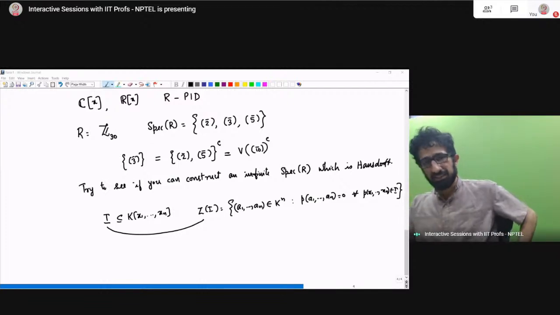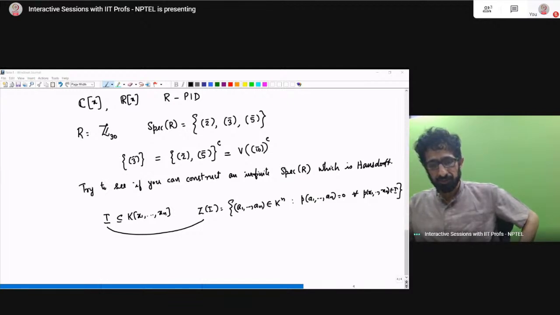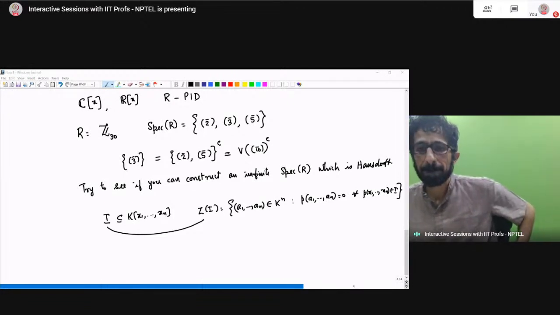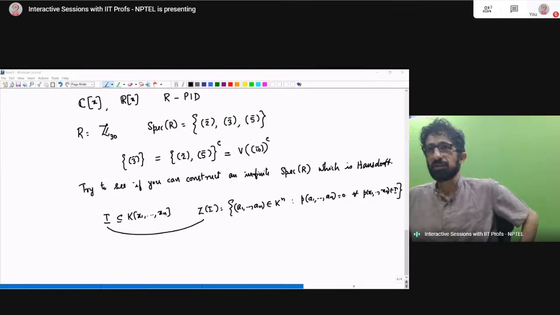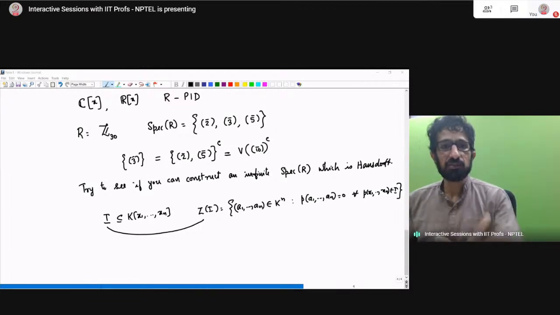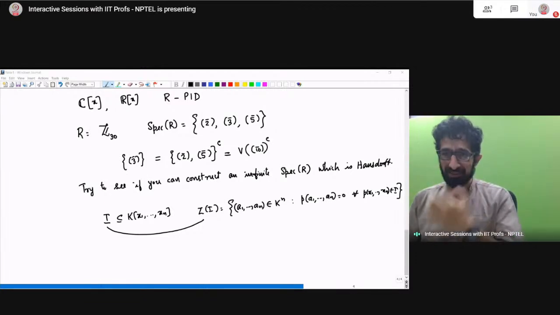Again, for any geometric thing, I will need more geometric tools to say more. It's difficult to explain in such a short period. If you do an algebraic geometry course, all this will be very clearly seen there.